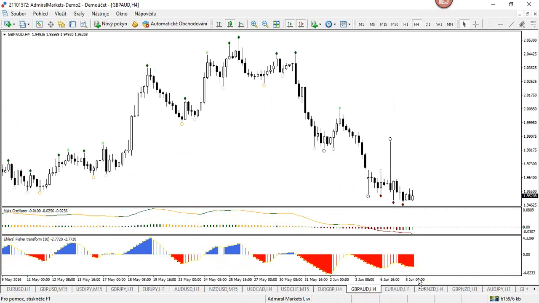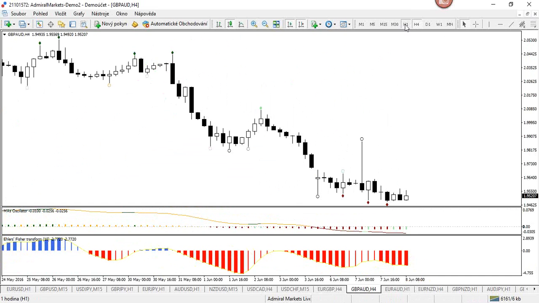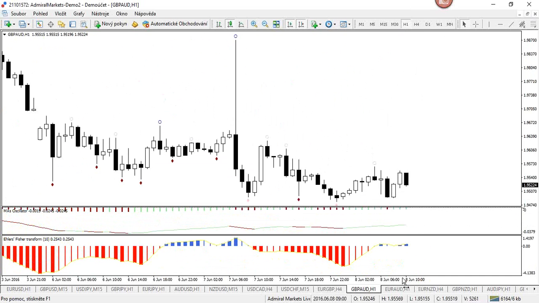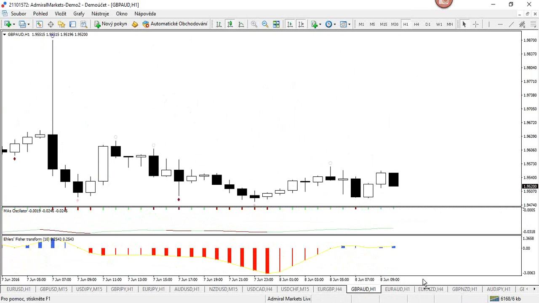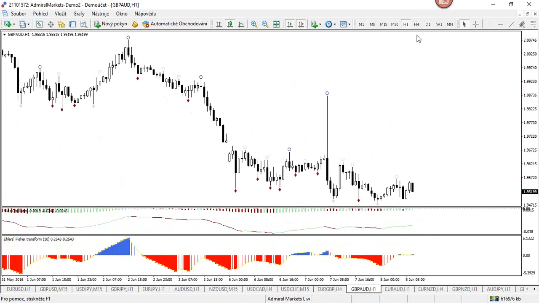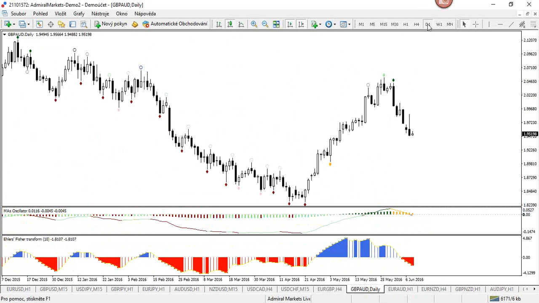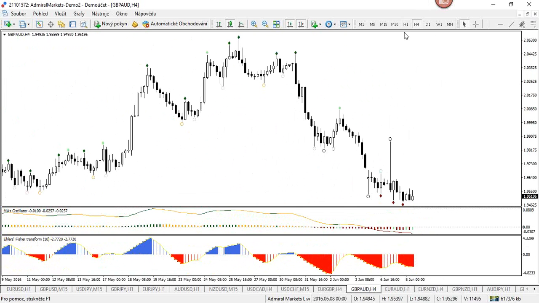Pound out could be ready. 4 hour is downtrend, and hourly is retracing. So as soon as this turns, this could be already a setup, in fact. Right here, let's take a look at this. Daily is down, 4 hour is down.